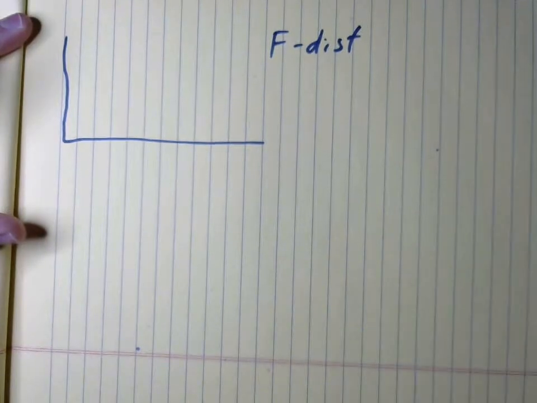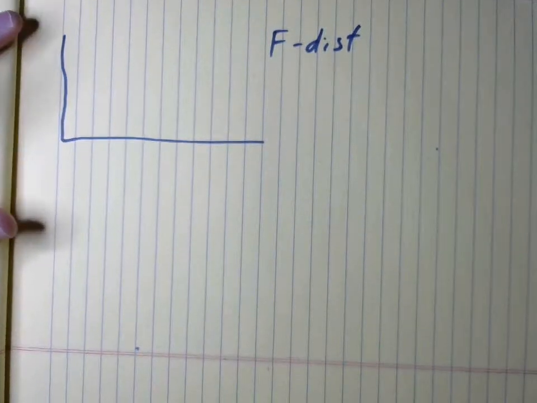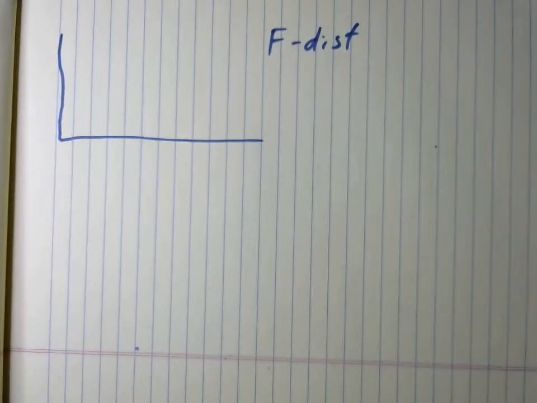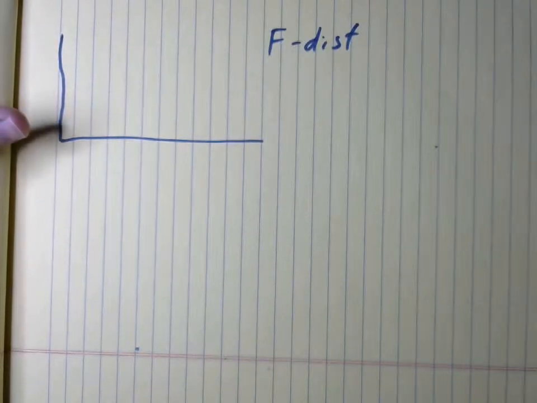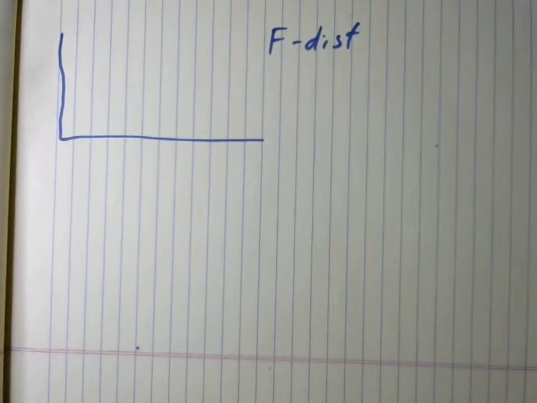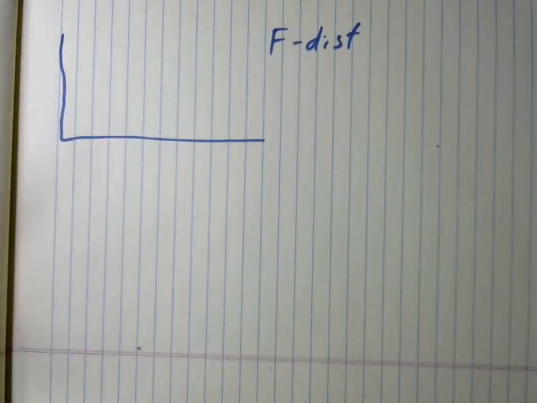Like the chi-square distribution, it's dependent on the sample size. And since we have two different variables here, because we're comparing two standard deviations, we're going to have a sample size for each. It's not really confusing, but it's dependent on the sample sizes of each variable.